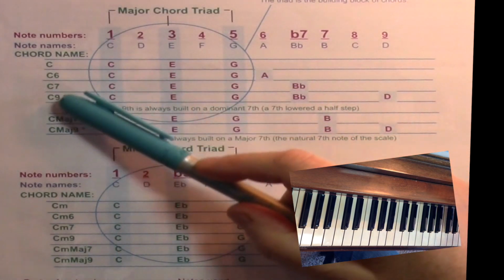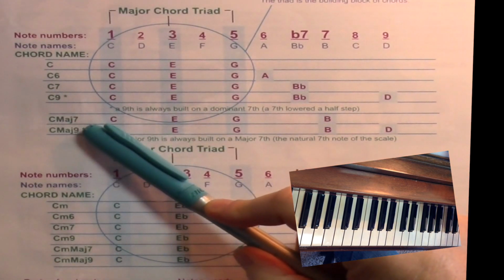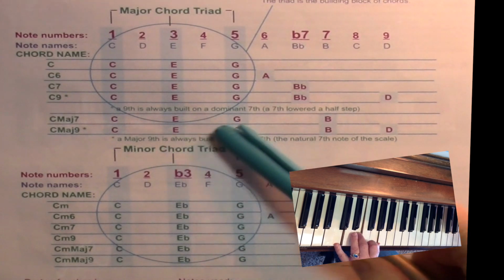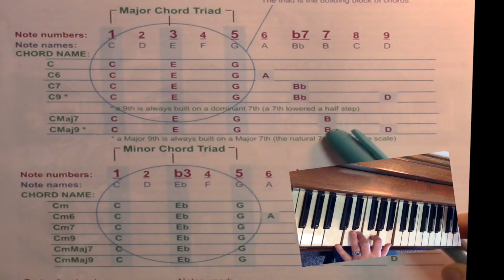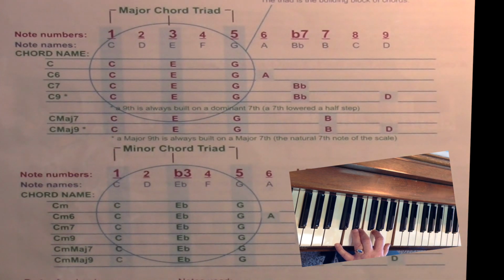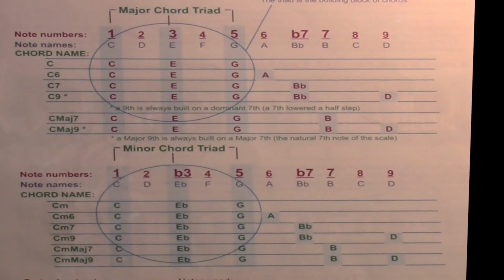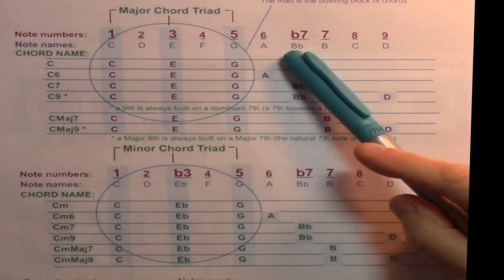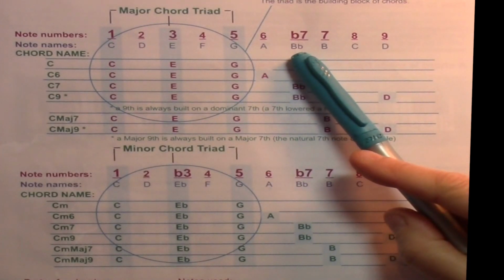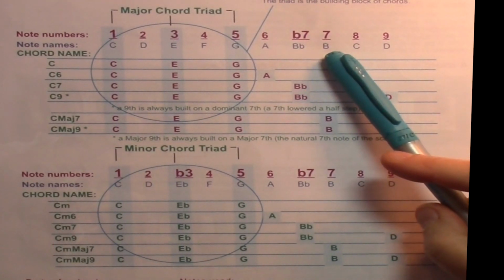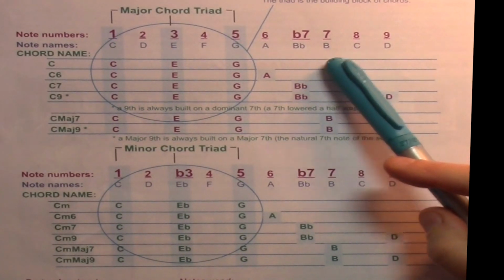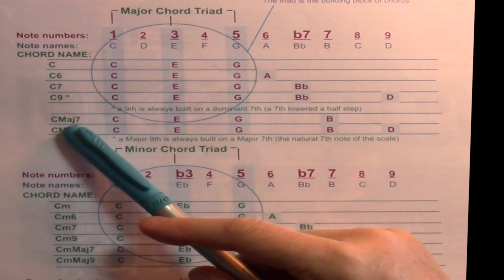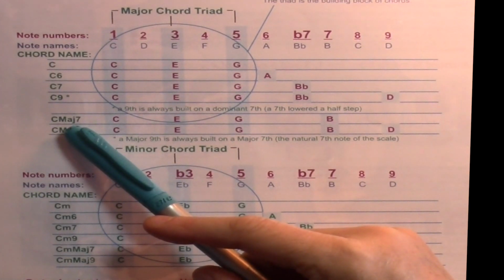If you see the name C major seventh, that just means a C major chord with the natural 7 of the scale added. Ooh, that's pretty. So there you go. That's the difference between a dominant 7, also called a lowered 7th or a flatted 7th, and a major 7th, which just means the natural 7th from the scale of whatever you're building your chord from.